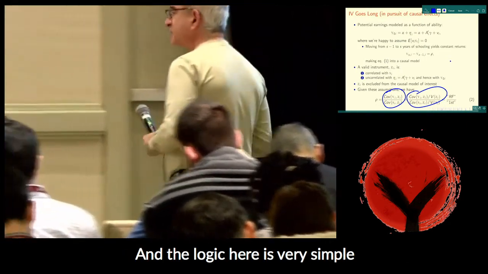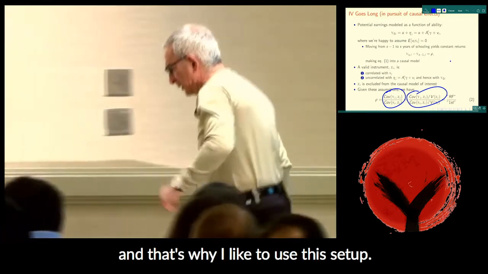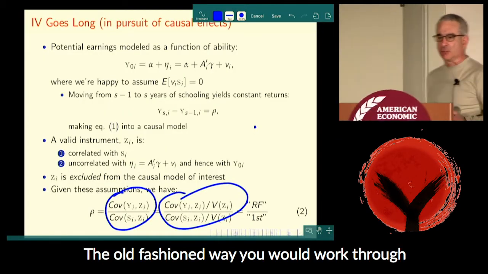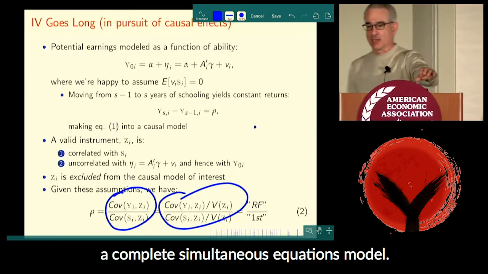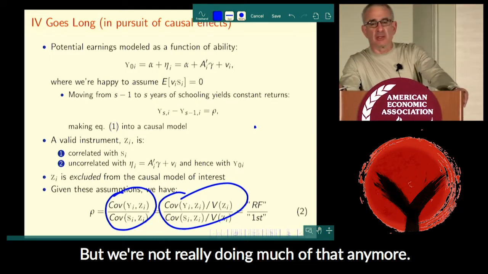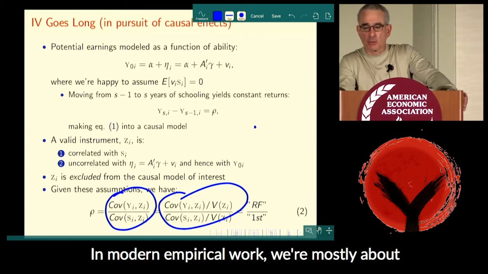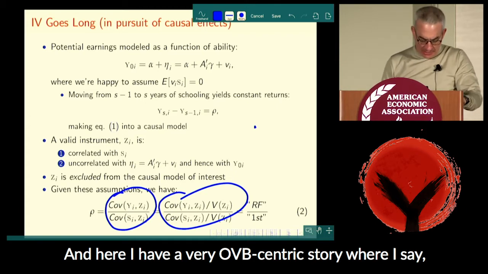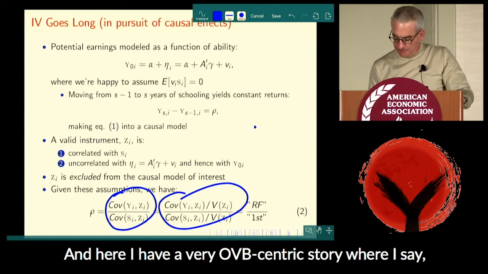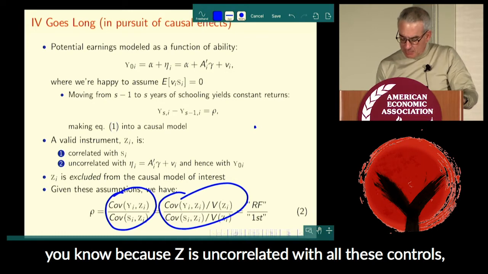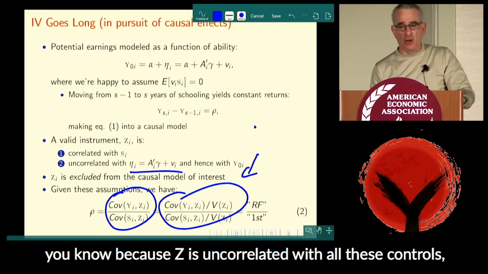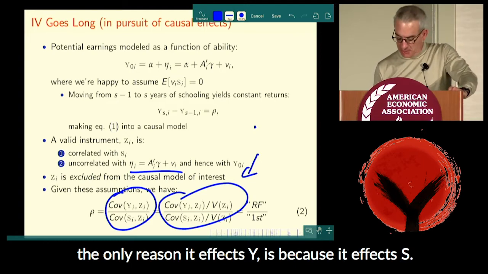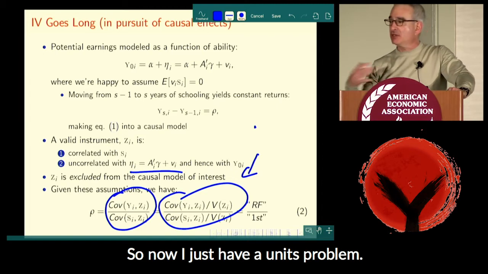And the logic here is very simple, and that's why I like to use this setup. There are many ways to do IV. The old-fashioned way, you would work through a complete simultaneous equations model. But we're not really doing much of that anymore in modern empirical work. We're mostly about causal effects and omitted variables bias. And here I have a very OVB-centric story where I say, because Z is uncorrelated with all these controls, the only reason it affects Y is because it affects S. So now I just have a units problem.